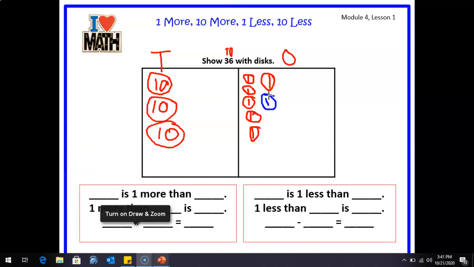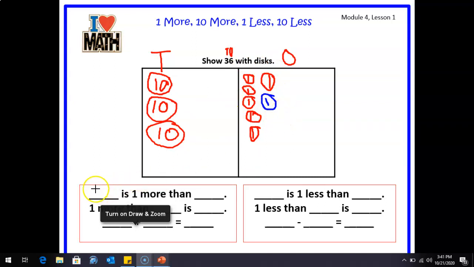Now, I'm going to use the sentence frame that is in this side to select either of the sentence frame to describe one more to 36. I can say I have 6 1 plus 1, that makes 37.